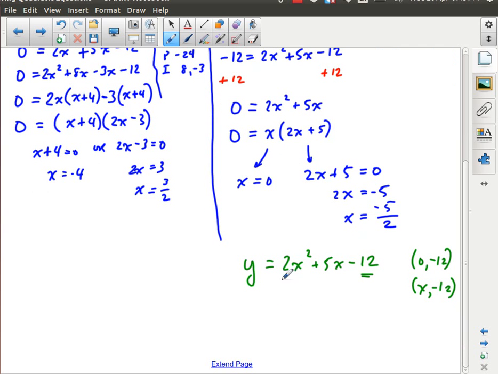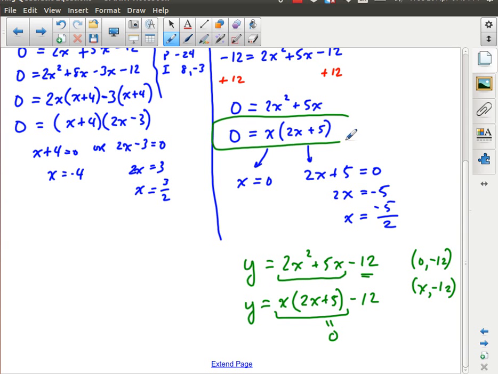But the way that we did it looked a little different. What we did was partial factoring. So we took out the x, x times 2x plus 5, minus 12. And then we asked ourselves, what values of x will cause this whole thing to be negative 12? Well, those are the values that would cause this piece to be equal to 0. That's what we did right here. Just that piece equal to 0.